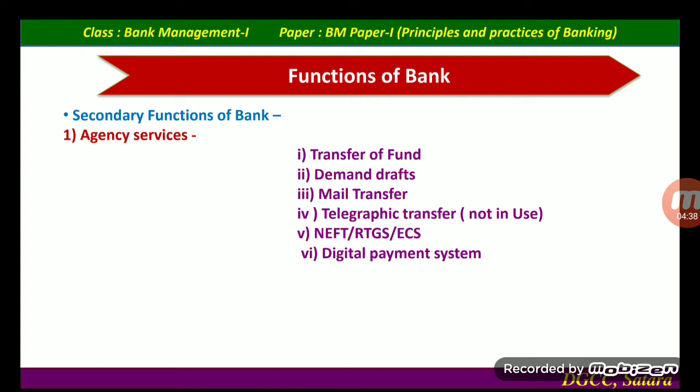The banks have their branches spread throughout the entire country. They serve as the best medium of transfer of fund from one place to another. It is also called remittance of fund. So this is the first agency service function. Second is demand draft.